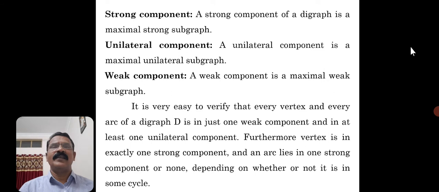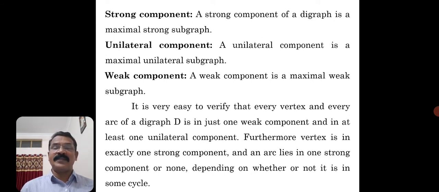See the difference. And what is the unilateral component? A unilateral component is a maximal unilateral subgraph. And a weak component is a maximal weak subgraph.